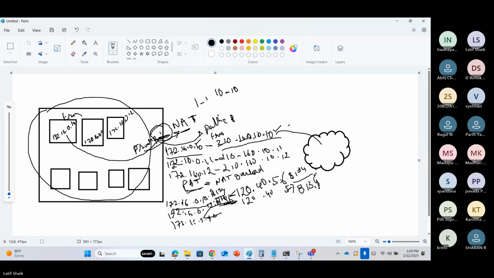So what is PAT? NAT overload. We are overloading multiple local, private IP addresses over the single public IP address. This is called a port mapping technique. Here we map our source and destination with the port numbers. Like that, more devices can connect and access. The technique is PAT, port address translation.